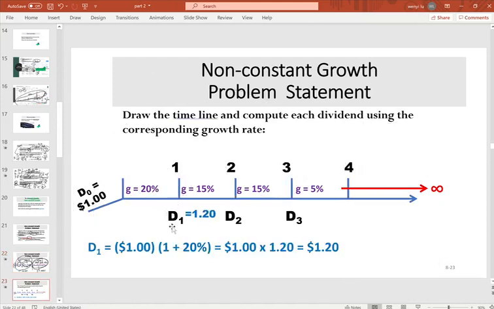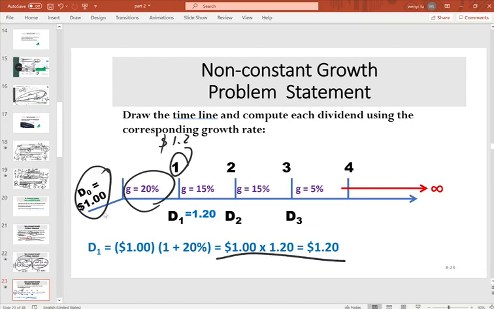So we solve the dividend for every year based on this growth rate. D0 equals $1. After 1 year, the dividend will be 1 times 1 plus 20%, growth by 20%, so it's equal to $1.2. That's the dividend you will receive at time 1. How about time 2? It grows by 15%, so 1.2 times 1 plus 15%.